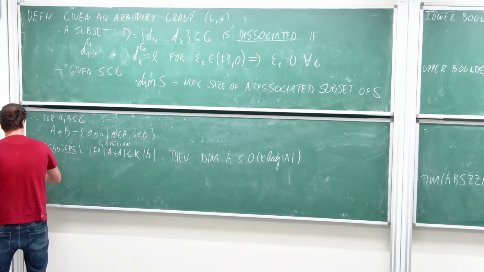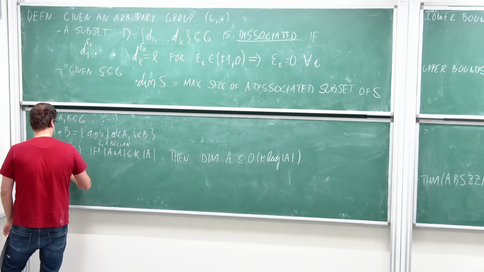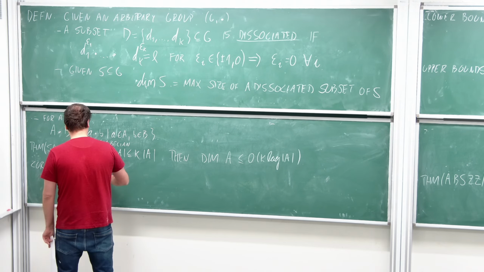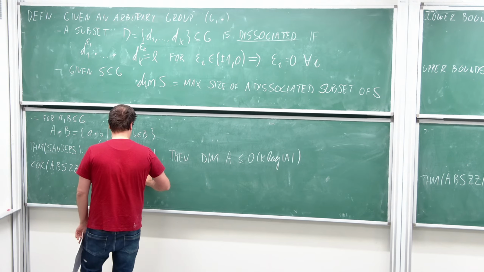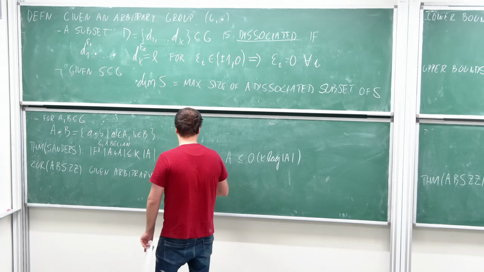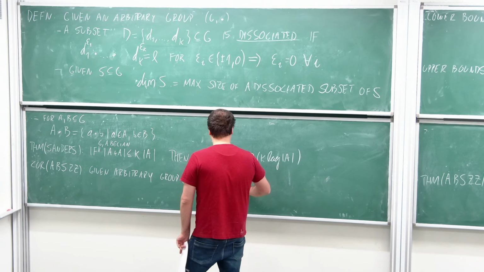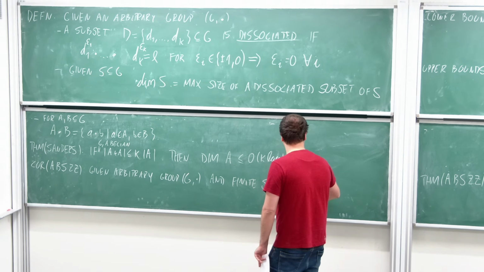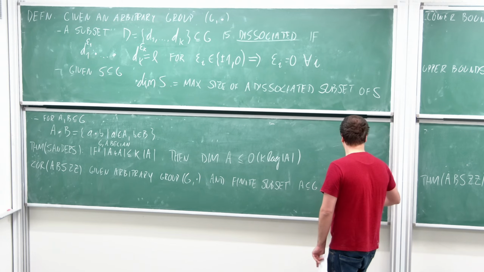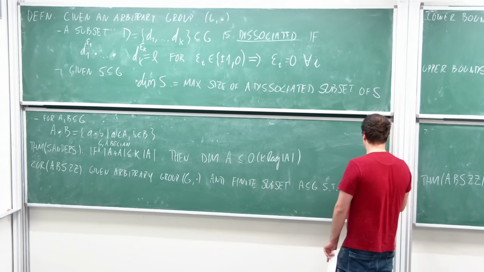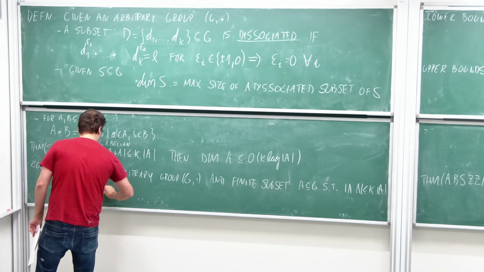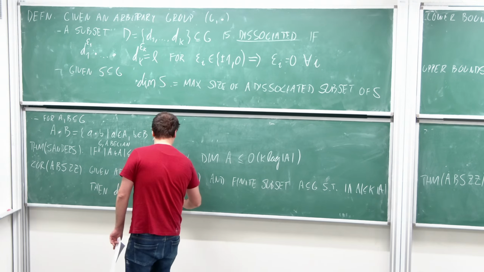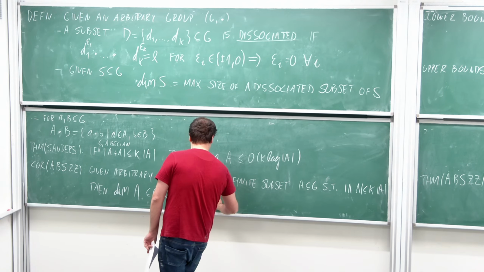So now the corollary that we prove, which comes nicely from this rainbow cycle stuff, is that given an arbitrary group and a finite subset A of the group, such that the size of A times A is at most K times the size of A, so it has small doubling, then the dimension of this subset is at most big O of K times log the size of the set times log the size of the set itself.